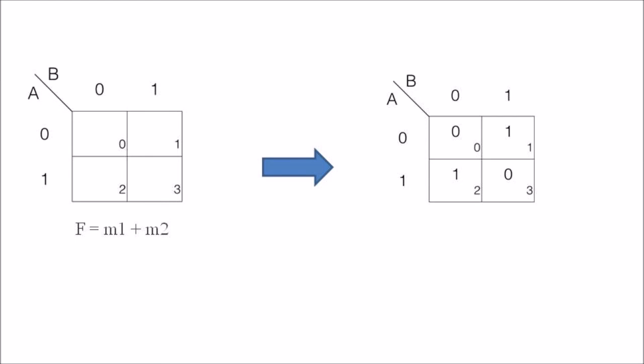This can be done similarly in the 3 and 4 variable KMAP. So my dear students, this is how we are filling the KMAP. In the upcoming lectures, we will discuss KMAP solutions in detail. This is just an introduction of KMAP for SOP.